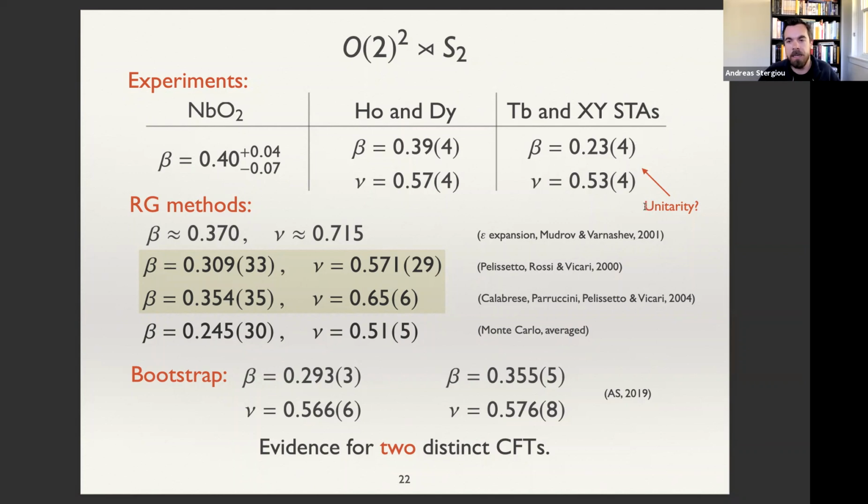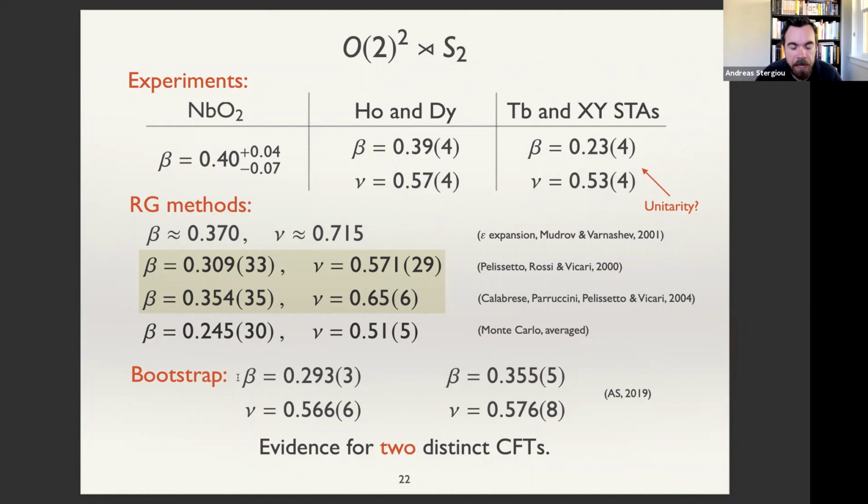Again, here there is the unitarity issue, even in the experiments in some region of these. Remember, beta over nu should be larger than a half. So there is some tension with unitarity even in the experiments, which I want to say is a sign for underestimating beta.